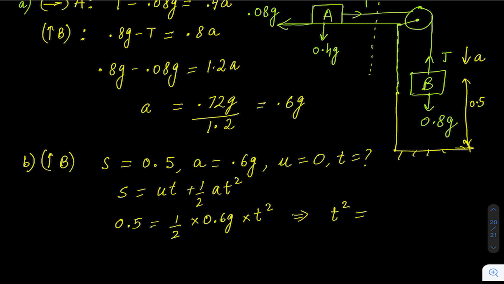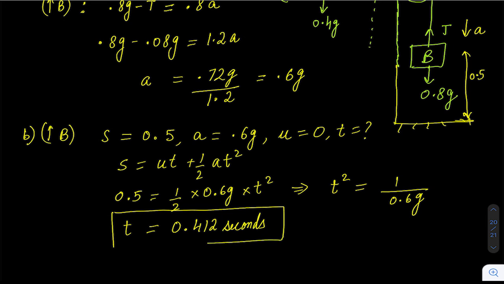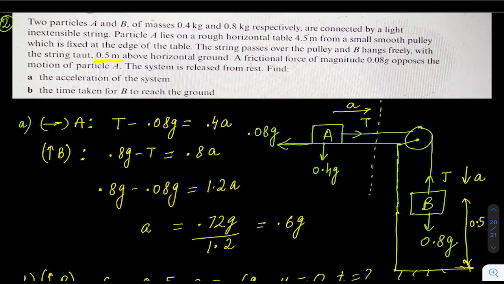So t square is coming out to be 1 over 0.6 g, and time is the square root of this, which is approximately 0.412 seconds. So that is our answer. B will take this much time to travel downwards. That's all they are asking.